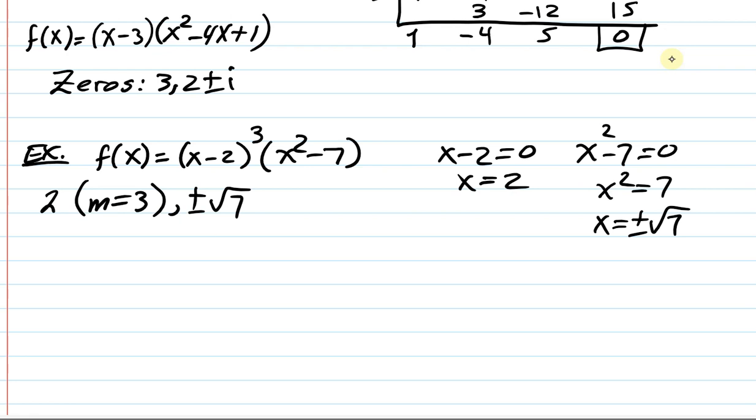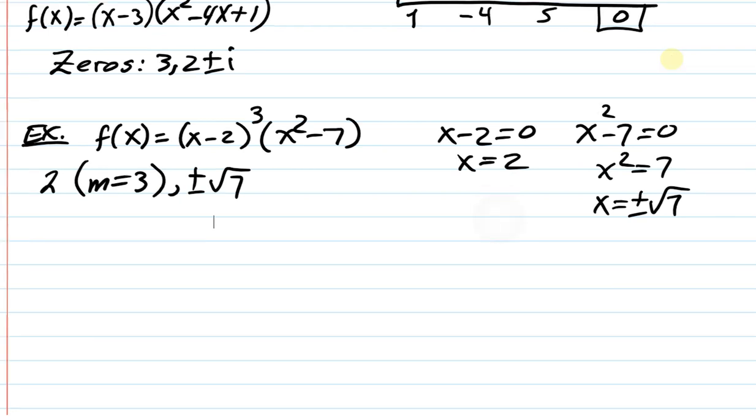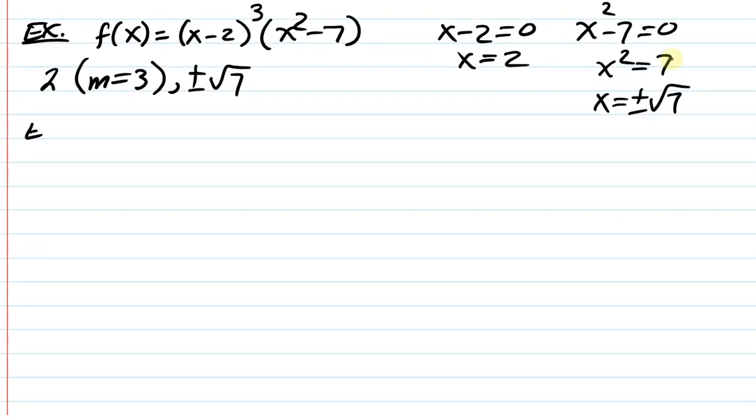Okay. Now, let's do another one. So how about this one? Suppose I want to find, the question is, find f of x, a polynomial, third degree, with real coefficients.